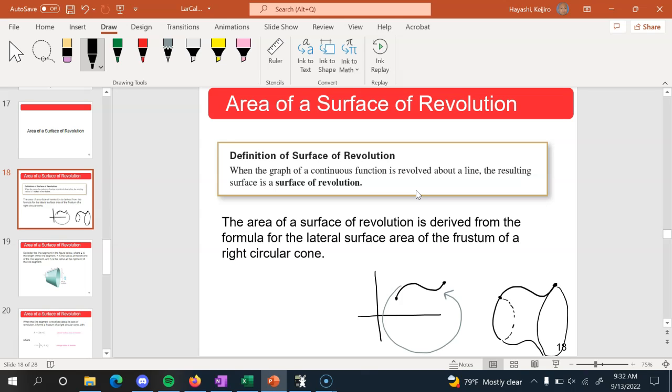Now, this looks like a volume, but it's not, because it is hollow. It is not solid and filled in like the volumes of revolution that you've been seeing up to this point. It is literally a surface.